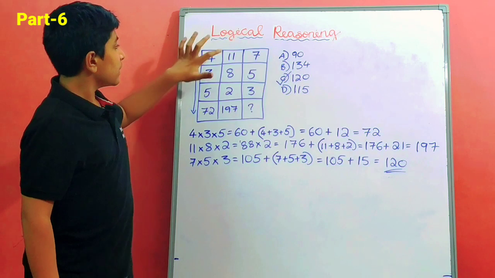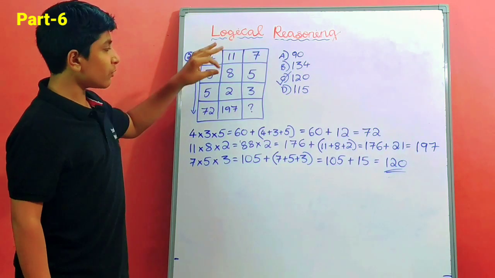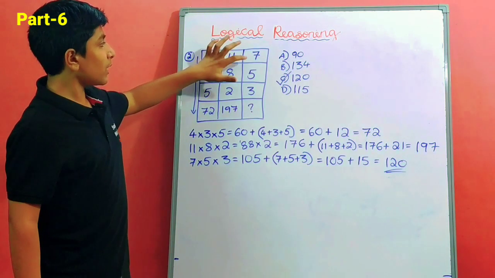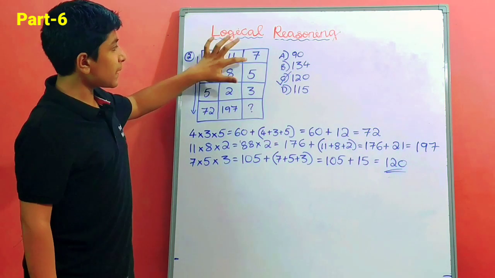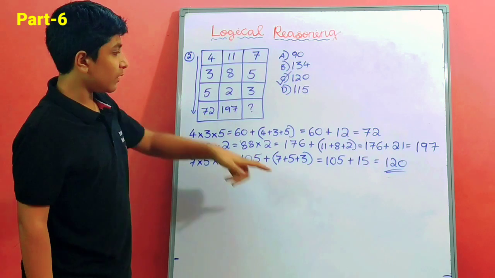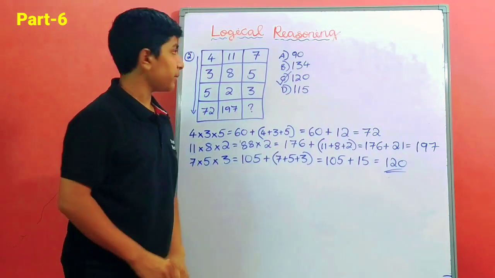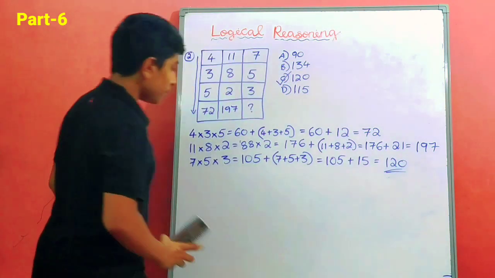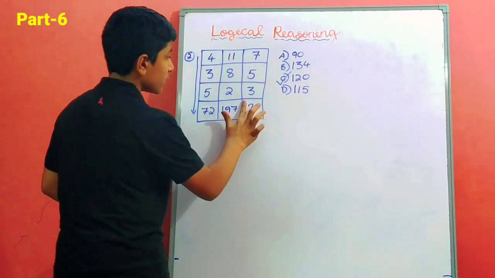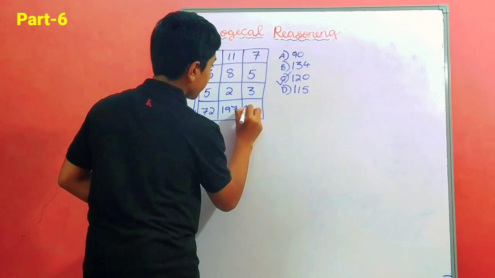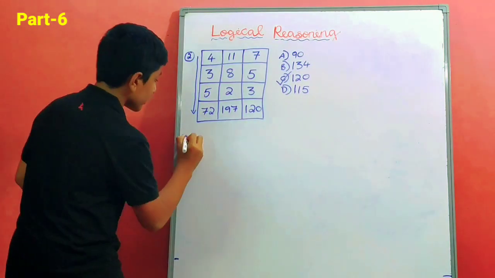The second one we did with the same logic, and for the third one also. 7 times 5 times 3 gave us 105, plus 7 plus 5 plus 3, which gave us 15. So 105 plus 15 gave us 120. So this is how we solve this problem. Let's move on to the next one.